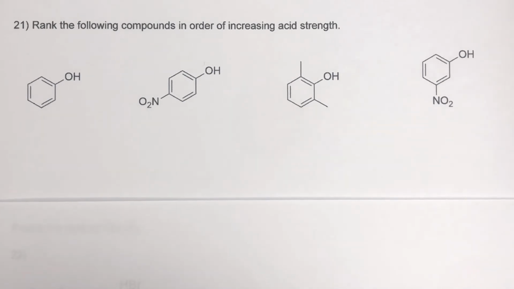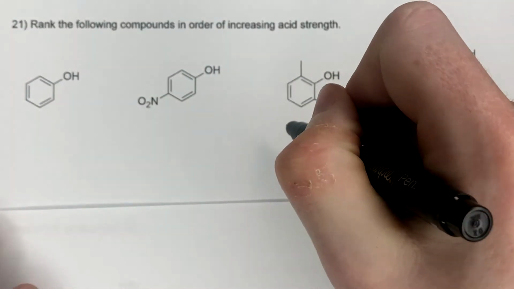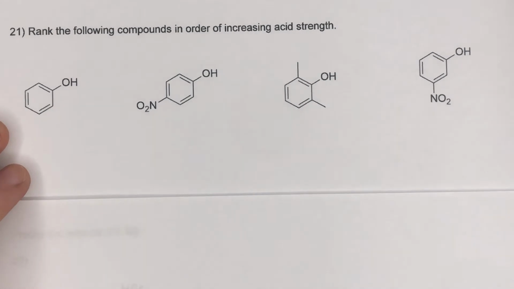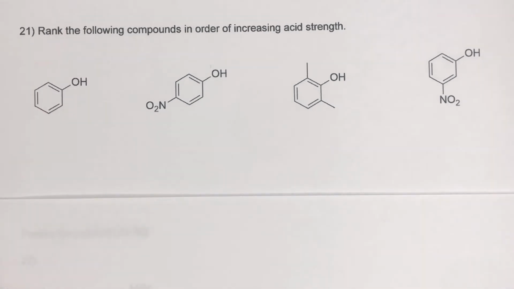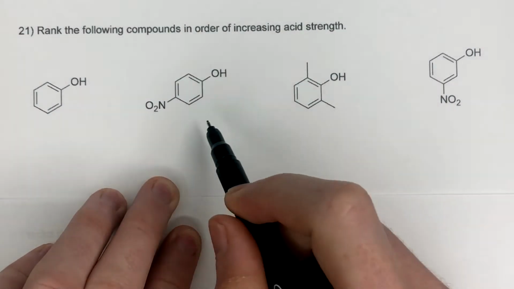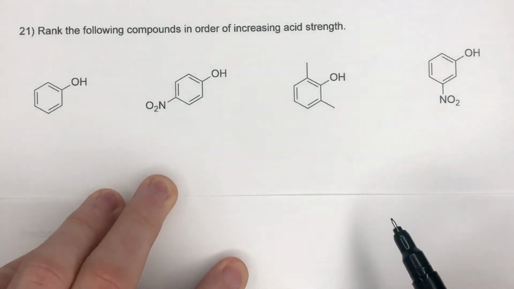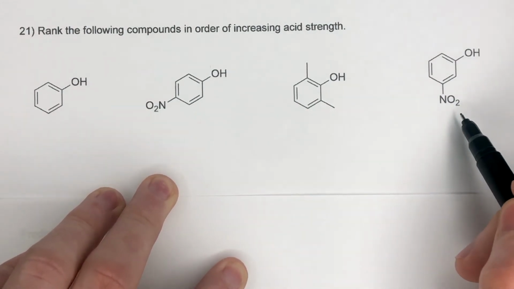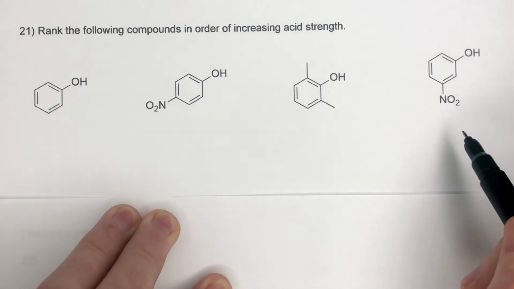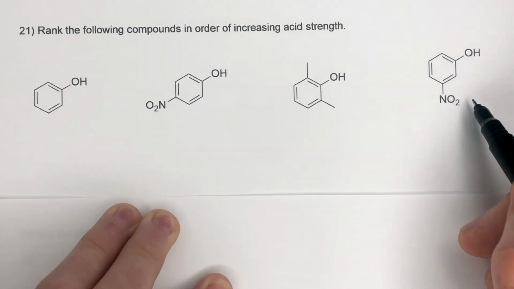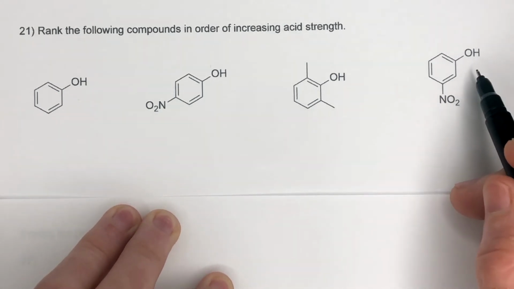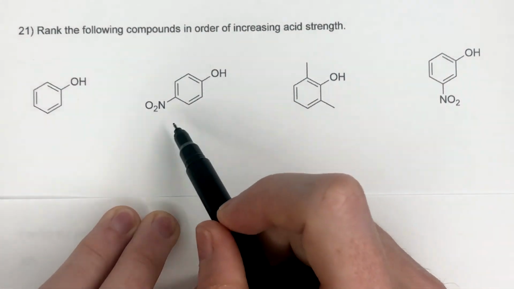Well, we know that the first one and the third one have either no substituents or electron donating substituents, which make them worse acids. So those are not going to be the strongest acid. Now we have to compare these two, and by induction, you would say probably the meta nitrophenol is going to be a stronger acid because the withdrawing nature of the nitro is going to affect the OH more than if it's para.